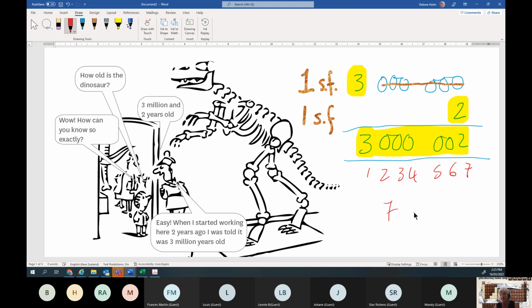There are 7 significant figures here, which means I've got a very precise measurement. And you can see that that is obviously not the case. I can't say so precisely that that dinosaur is 3,002,000 years old. So this idea of significant figures is a way of giving us a measure of how accurate or how precise our measurements are.